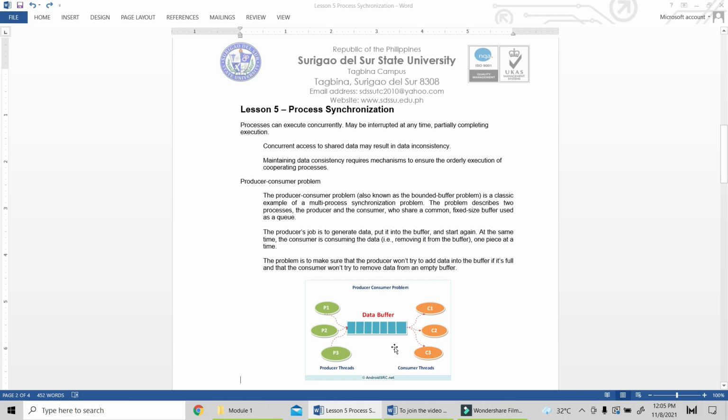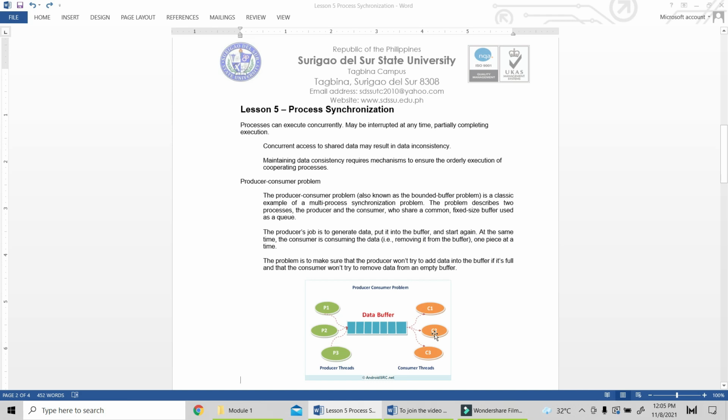So in this producer-consumer problem, they share a data buffer, and the producer's job is to generate data, meaning to store data into these n slots. He will insert data into these slots, and then it will start again.